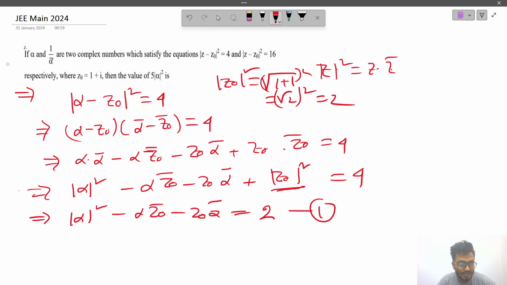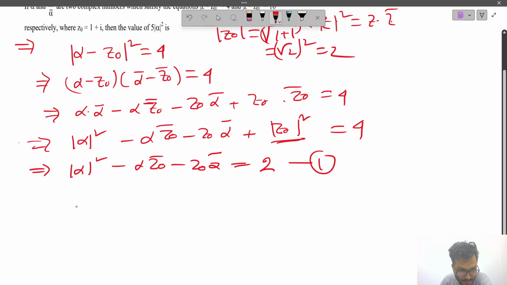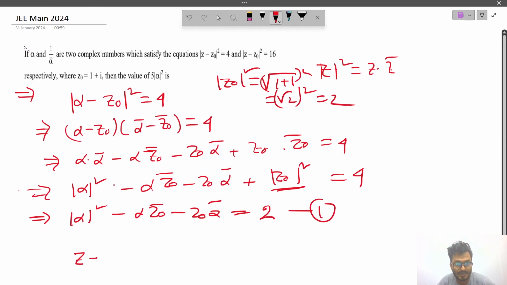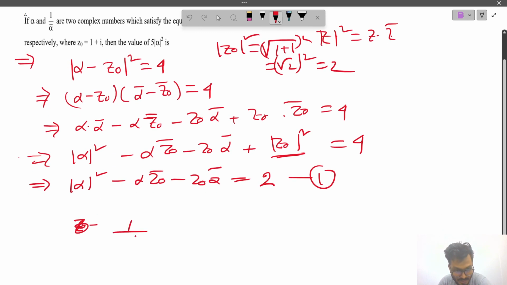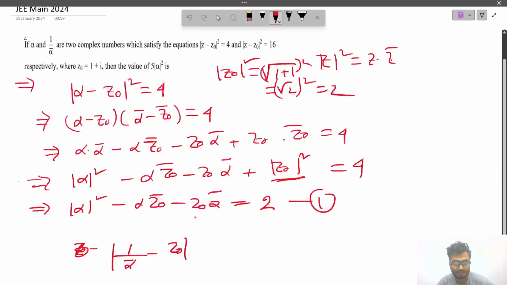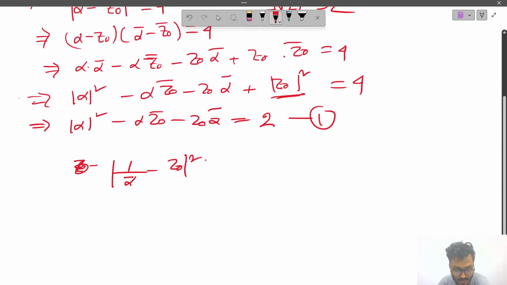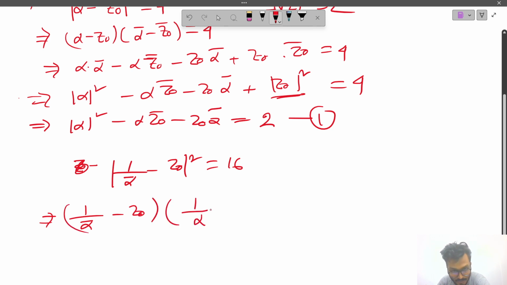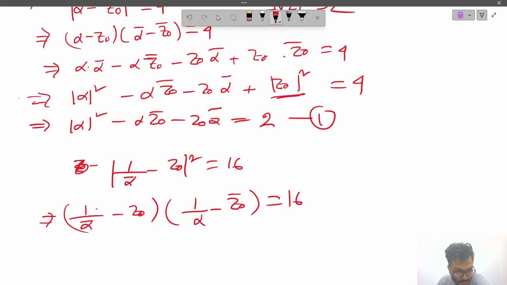Similarly, we have to satisfy this 1 by alpha bar in that equation. So we get z is our 1 by alpha bar, so mod of (1 by alpha bar minus z naught) whole square equals 16. This implies that (1 by alpha bar minus z naught) into (1 by alpha minus z naught bar) equals 16, if we take the bar of this.